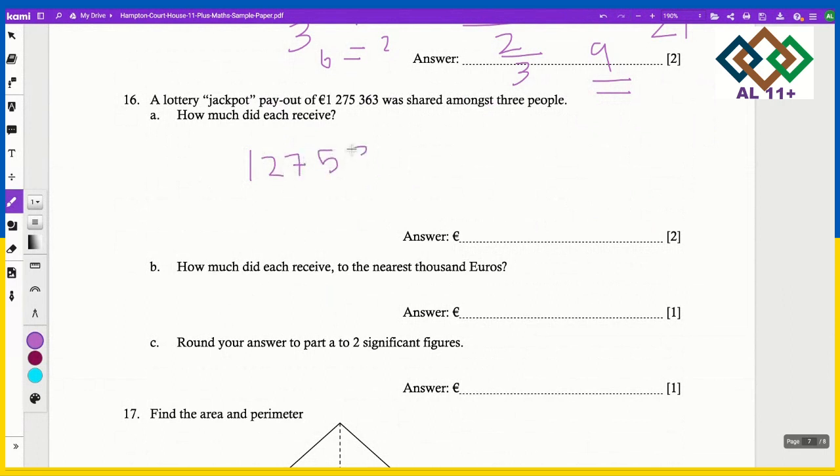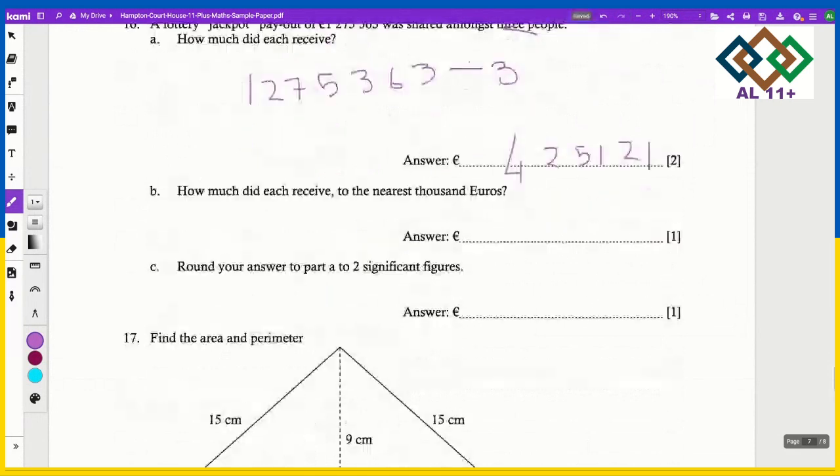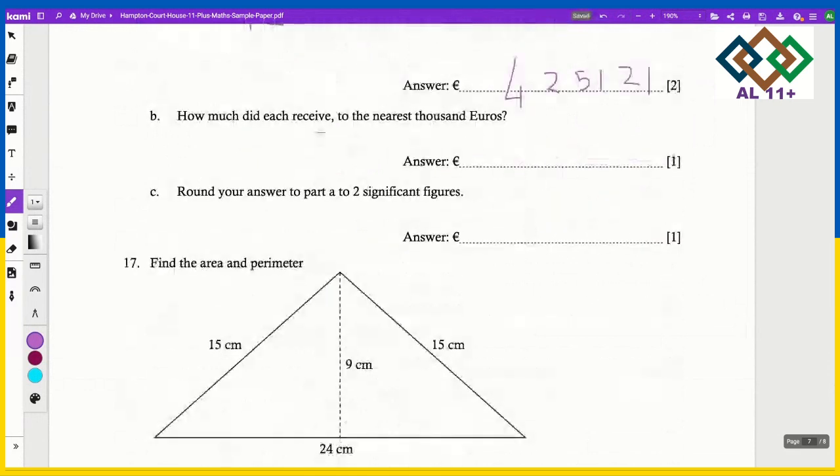You would be dividing this by 3 because it's 3 given here. Just write it on the top so you don't get confused. Divided by 3, that gives you 425121.